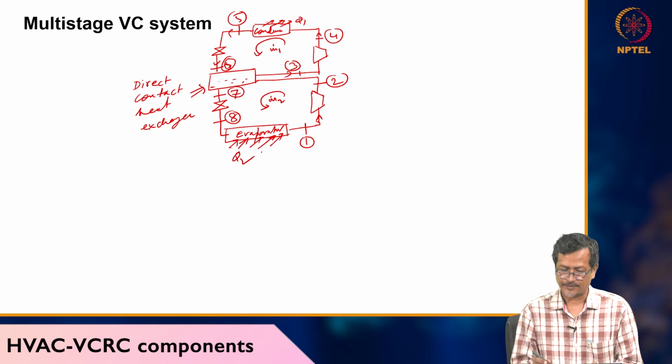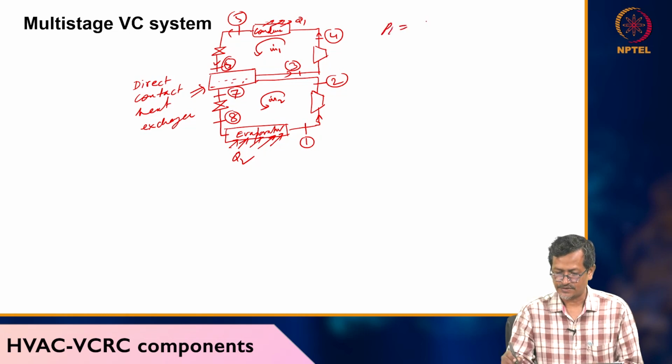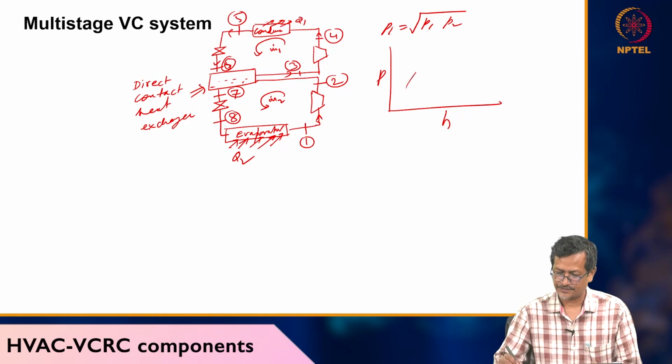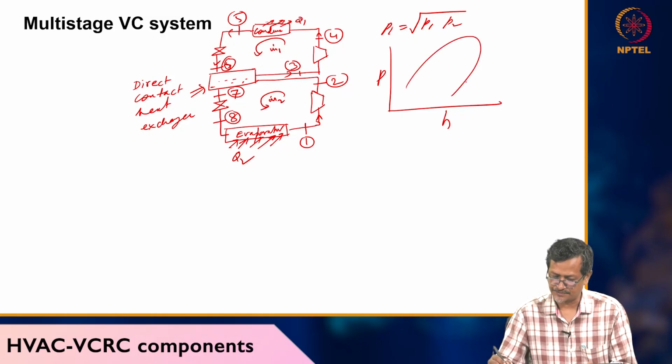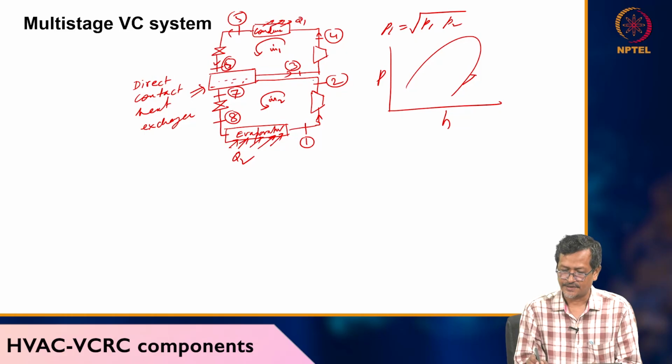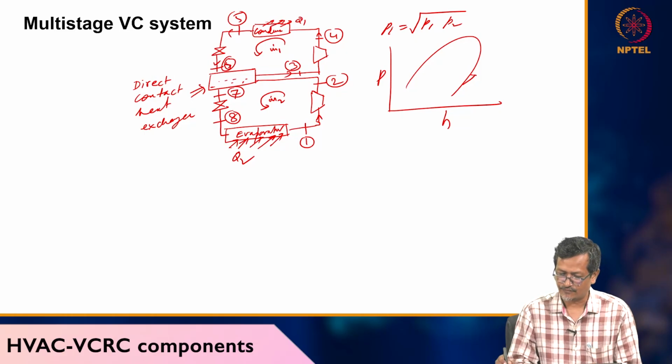And what will be the intermediate pressure? Pi equals square root of P1 P2, and the pH diagram I will draw here. So 1 to 2 is compression in the compressor. 2 to 3, what is happening? It is absorbing a certain amount of heat.